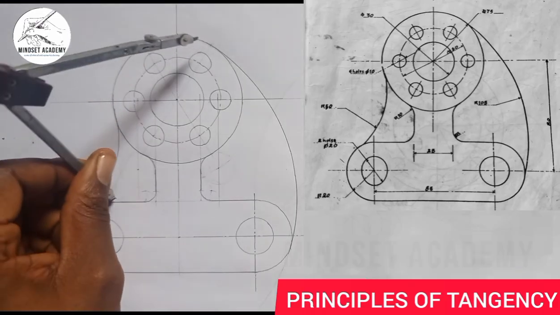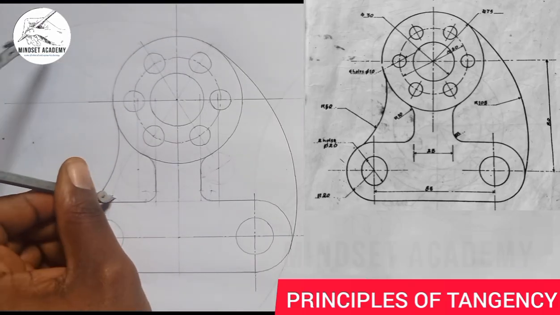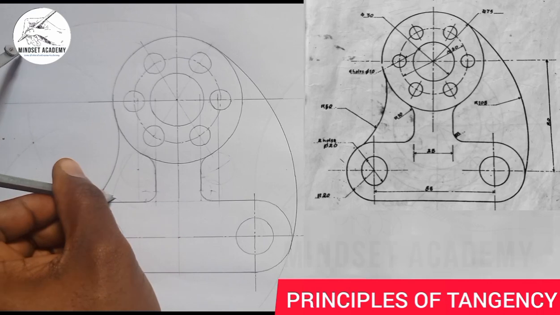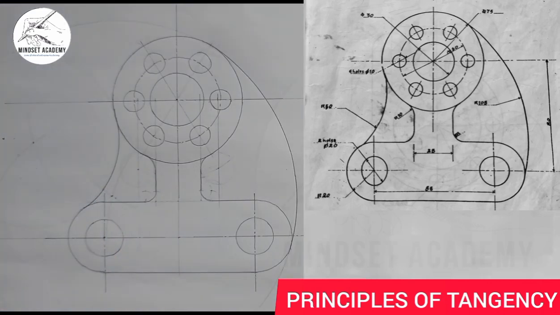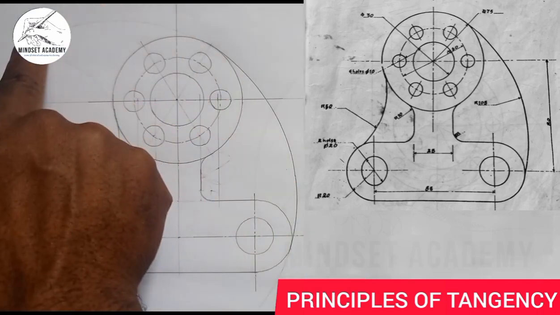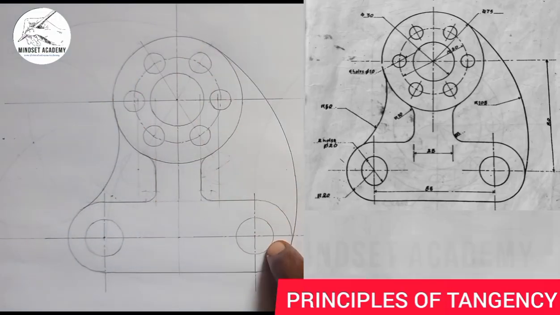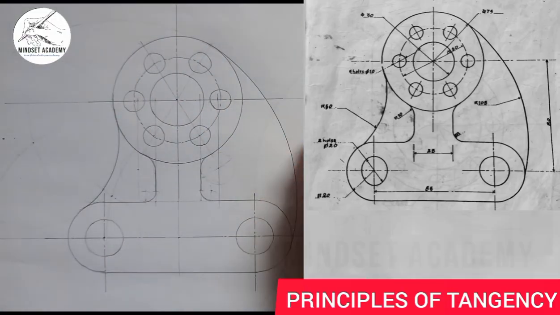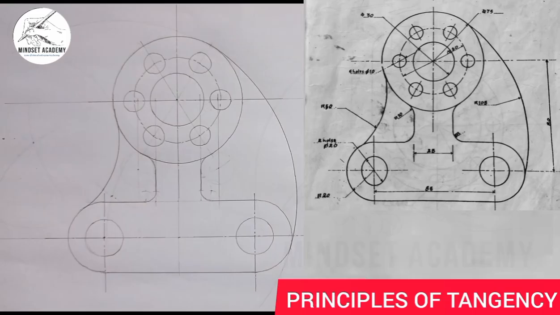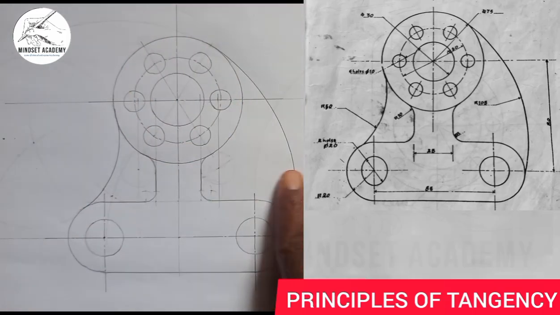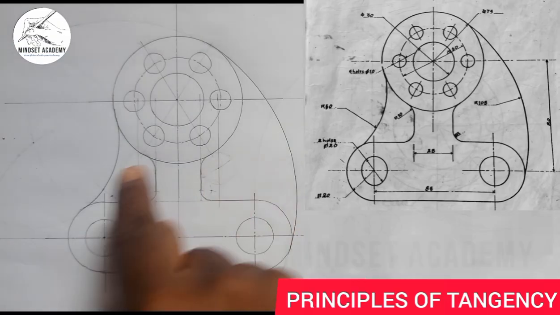This is a bigger circle. Now, this bigger circle, the two smaller circles are inside the bigger circle. They are not outside. If they were outside, you say it is what? It is external. But because they are inside, you say it is internal. That is why we are subtracting.